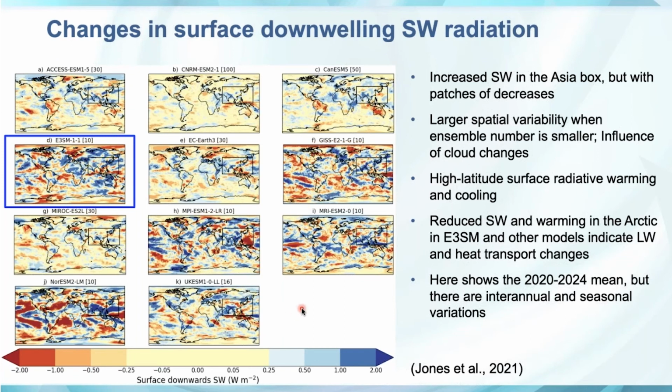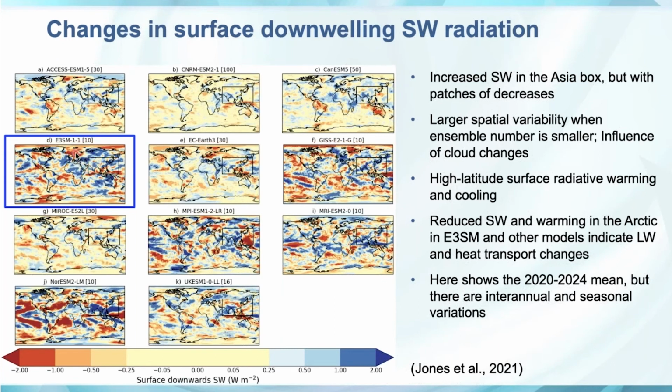Also notice that in the high latitude regions, both Arctic and Antarctic, there is surface warming and cooling in different models. In particular for E3SM, there is reduced surface shortwave radiation, but you also see warming in the Arctic.